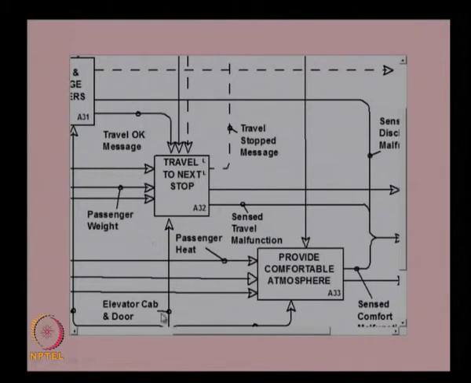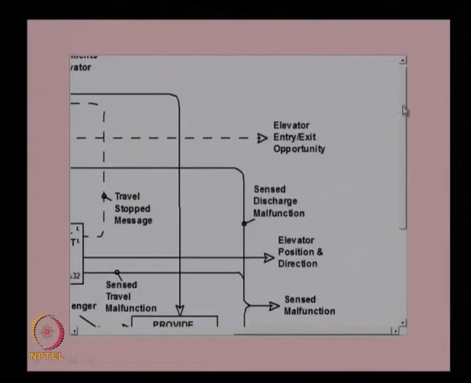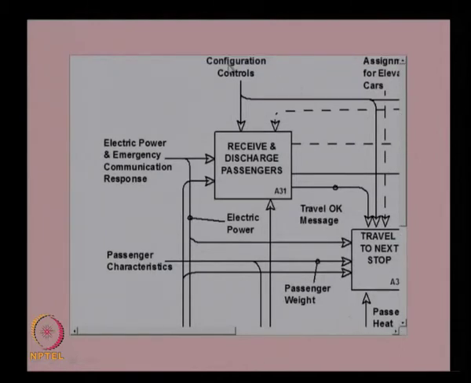So these are the sub functions and the outputs are here: passenger environment, sensed malfunction, elevator position, and these are the inputs: electric power, emergency communication, passenger characteristics, and the control inputs are configuration controls and assignment of elevator cars.